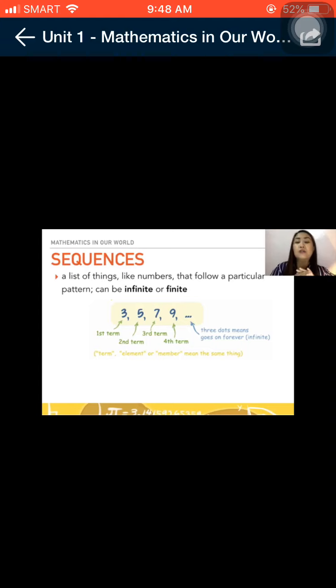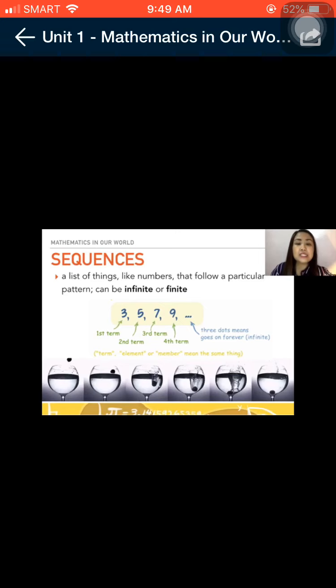If there are no ellipses, then that means the sequence ends somewhere and it is finite. We call the items in the sequence terms. So 3 is the first term, 5 is the second term, 7 is the third term, and 9 is the fourth term, and so on. Aside from term, we can also say element or member. They mean the same thing.